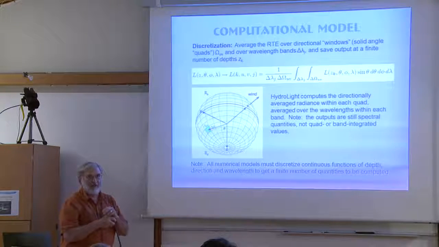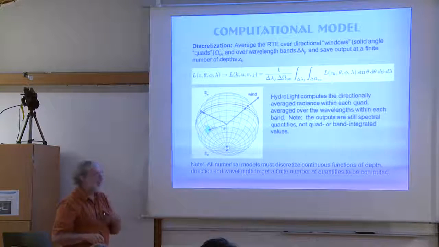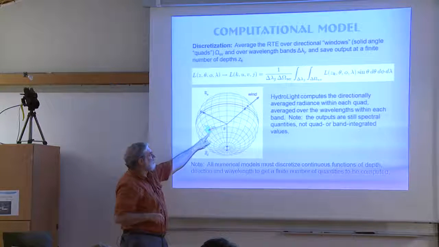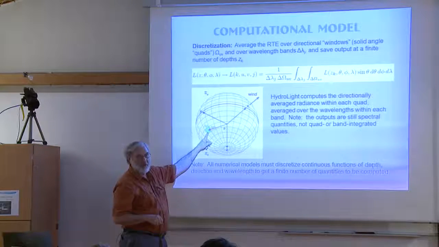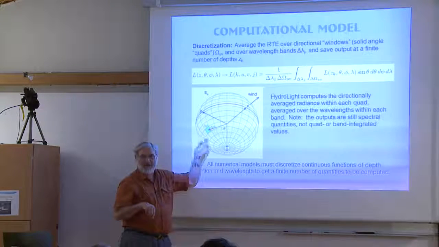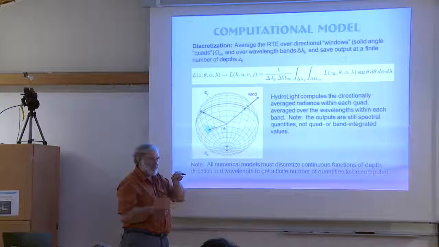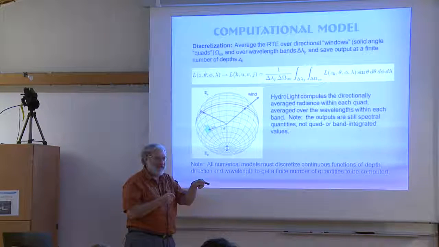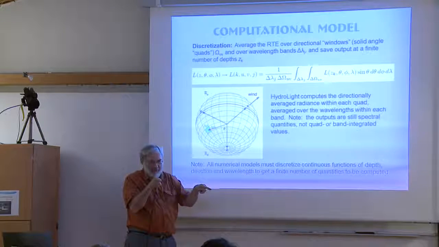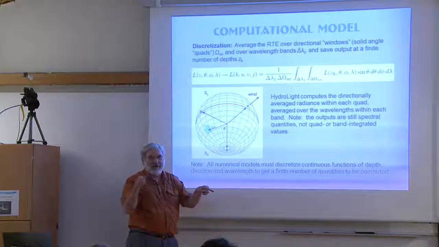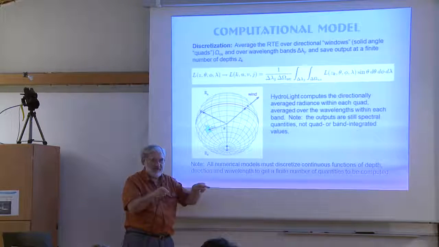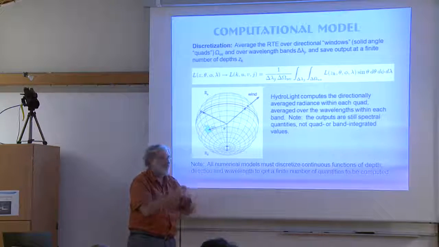What Hydrolight actually computes is the radiance averaged over each little window. Now there are other mathematical techniques where you might compute the radiance in an exact direction, and then if you wanted to average it, you'd have to take those values and interpolate and average and all this.